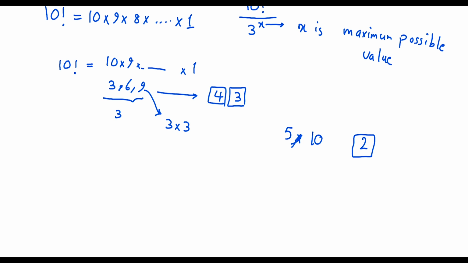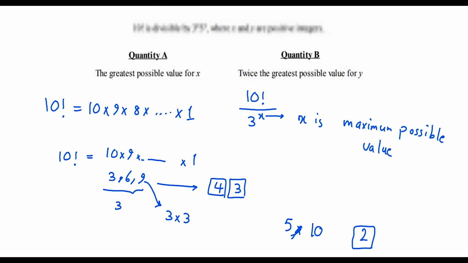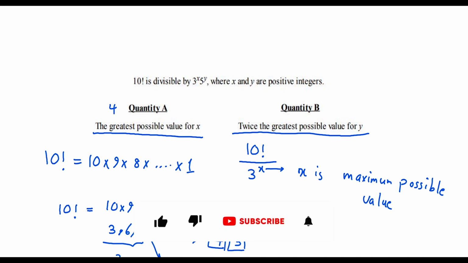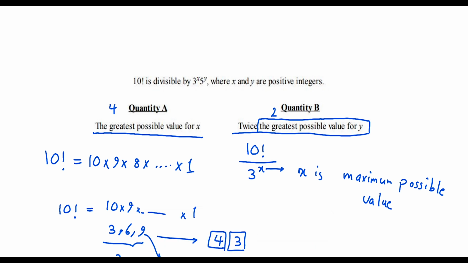So the quantity A is 4. The quantity B, we know that the greatest possible value for y is 2, and twice of this is 4, so they are equal and we should choose C.